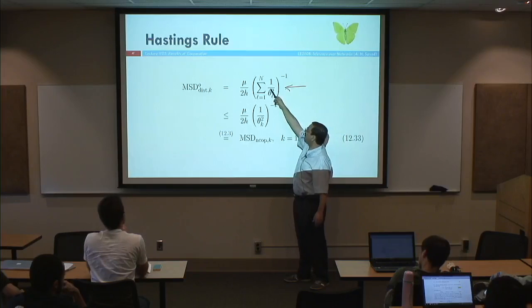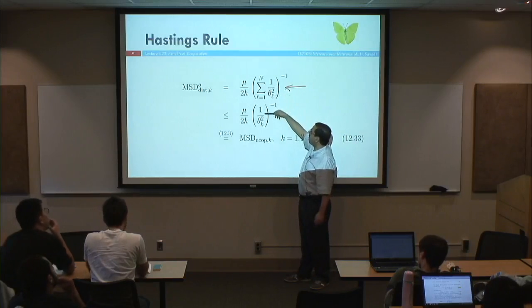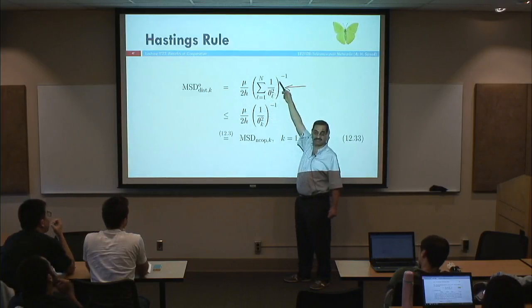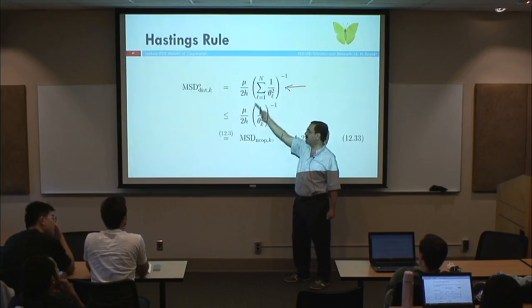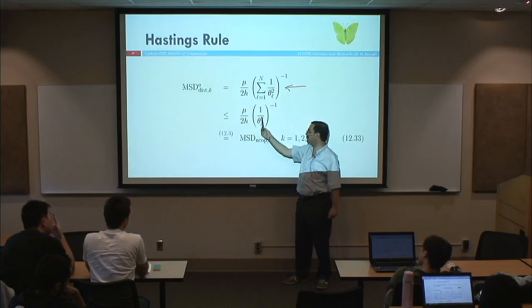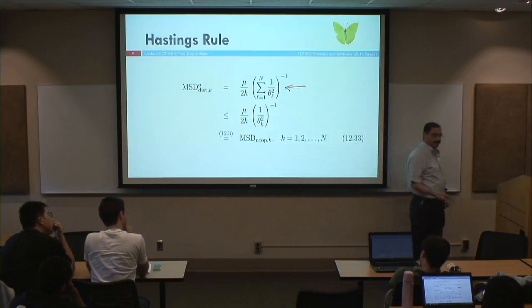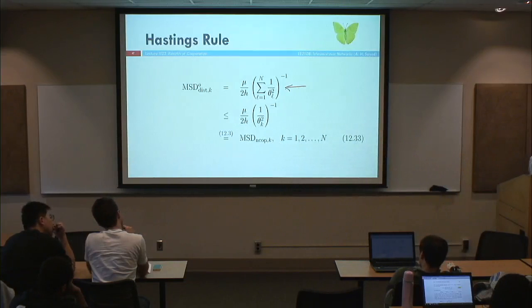Well, if I ignore the sum and keep only one of the elements, you see, 1 over theta squared is smaller than the sum. So the inverse is larger than the inverse of the sum. So obviously less than or equal. And this is exactly the performance of the non-cooperative solution. Because what is the inverse of 1 over theta?